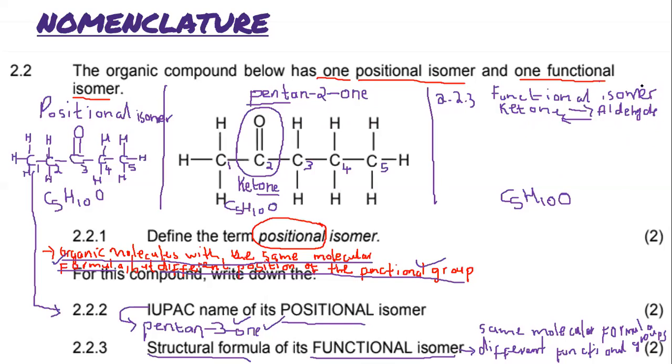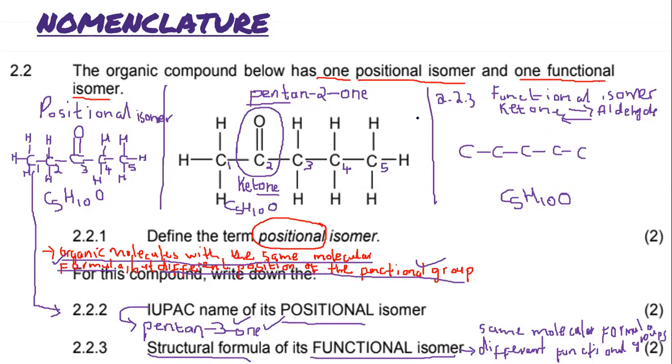With aldehyde, we have what we call a formyl group, or we say it's a carbonyl group on the first carbon altogether. So with aldehydes, remember I said the molecular formula must still be the same, so it must still be 5 carbons. 1, 2, 3, 4, 5.